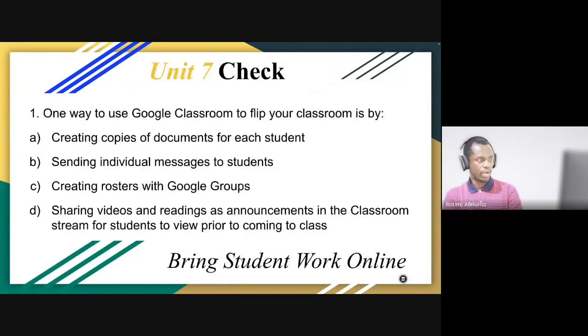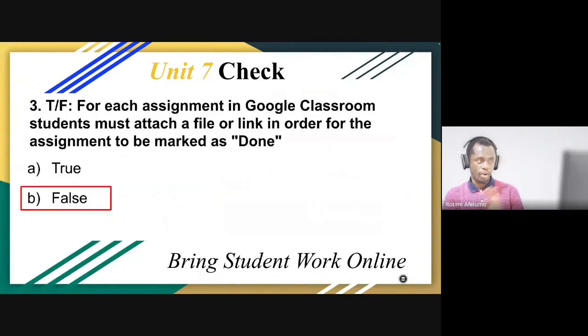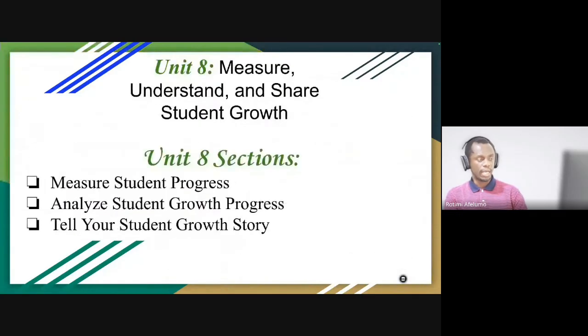Unit 7 is quite huge too, but we've covered a few parts of that. As you have done your assignment to some extent, you also have encountered some of the things we'll be going through in Unit 7. So Unit 8 will focus on, now that you have done all the assignments, how do you measure student progress, analyze student progress, and tell the story of that growth.